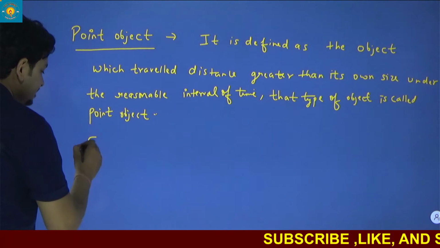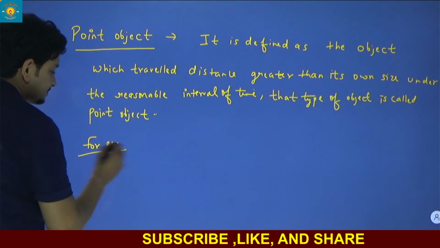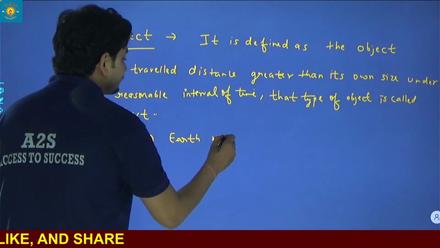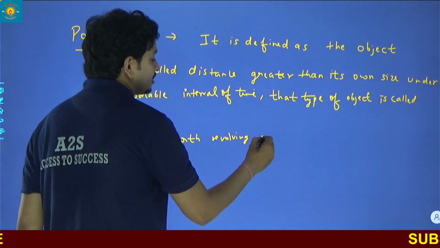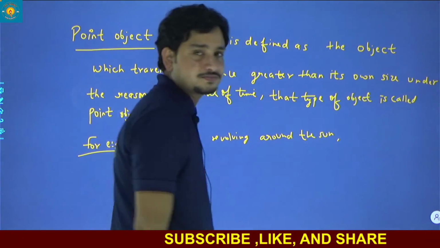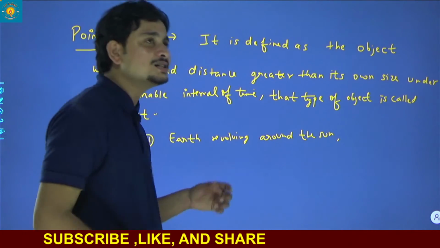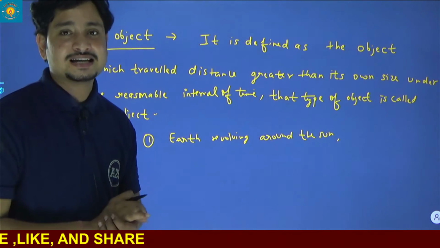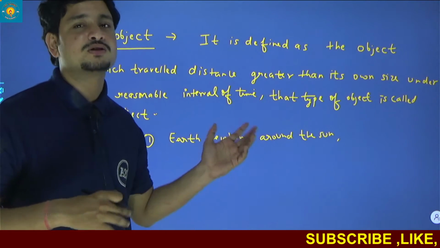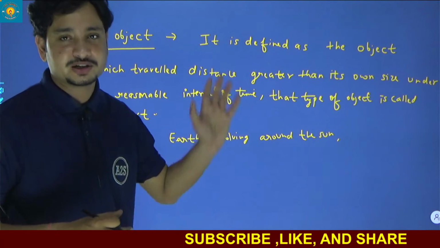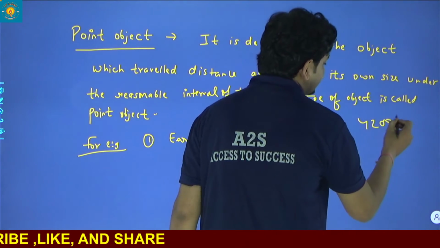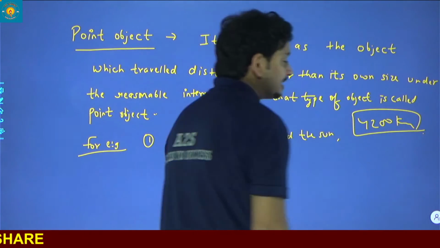If we talk about the earth, first, the earth revolving around the sun. Okay, so the earth's size, whatever the earth's size is, that we are talking about, the radius, is about 6422 kilometers. It is the radius of the earth. Clear?